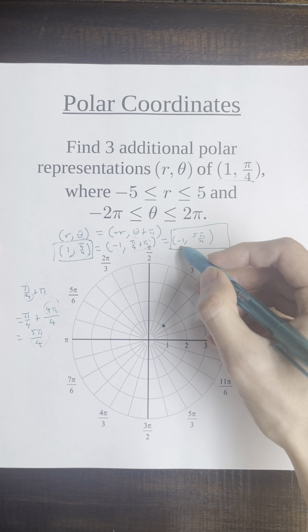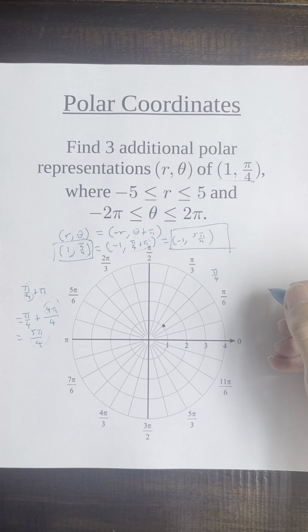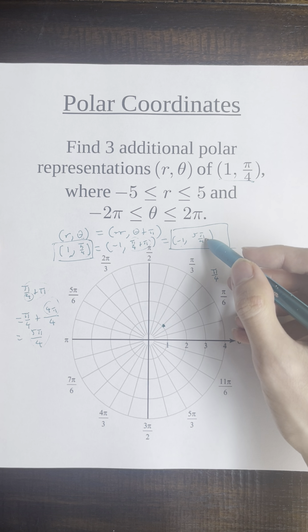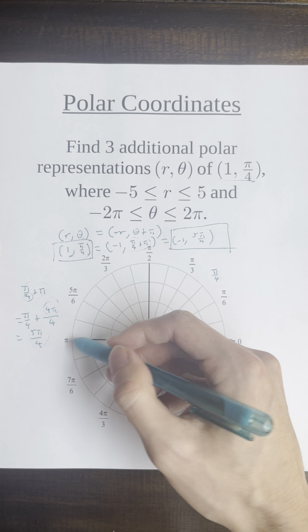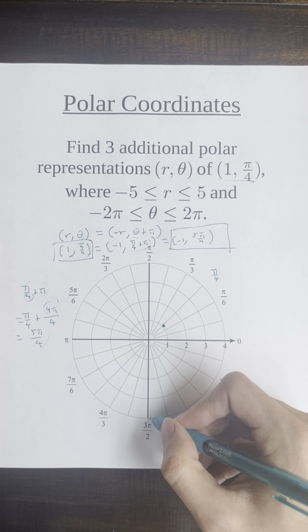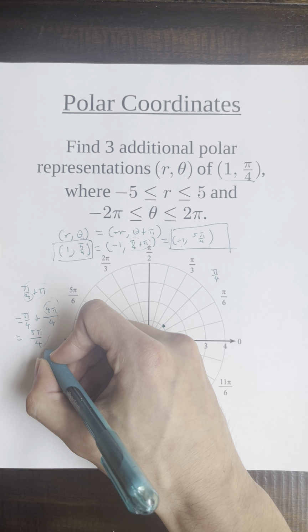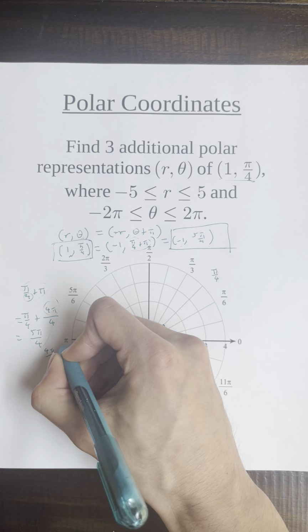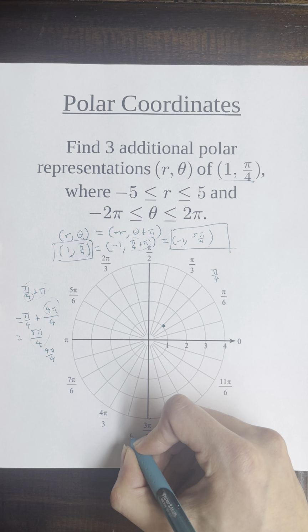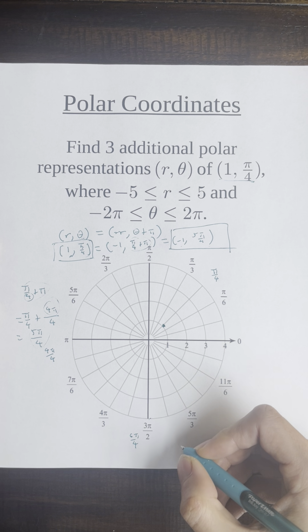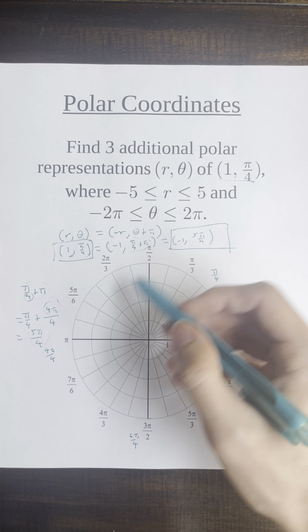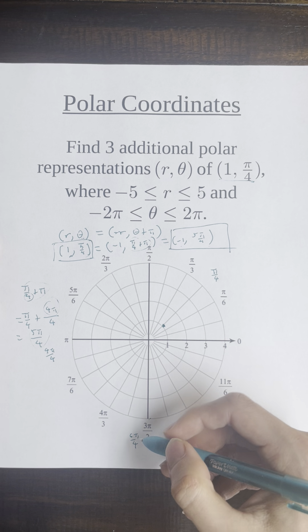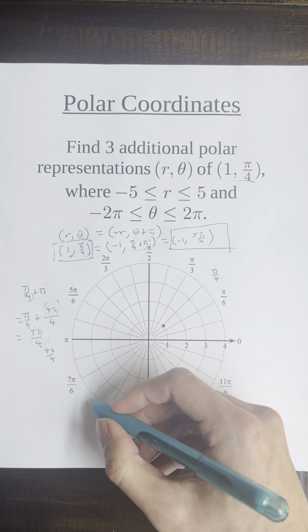Now how about this point? How would we plot this one? Well, 5 pi over 4 is halfway between pi and 3 pi over 2. Right? Because this is 4 pi over 4, and this is 6 pi over 4. 5 pi over 4, that's halfway between 4 pi over 4 and 6 pi over 4.